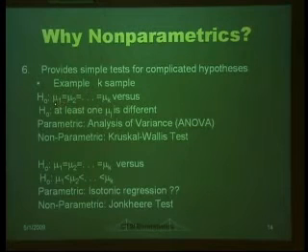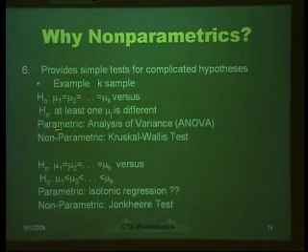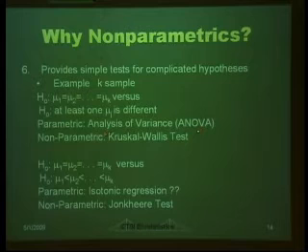We want to test the null hypothesis that the groups all have the same mean or central tendency versus the hypothesis that at least one is different. If we use a parametric test, we can do this. This is a fairly easy and standard problem, and we can use analysis of variance, or ANOVA, if you've heard about that. There's a corresponding non-parametric test called the Kruskal-Wallis test that will also do this. So it doesn't really save us much there.